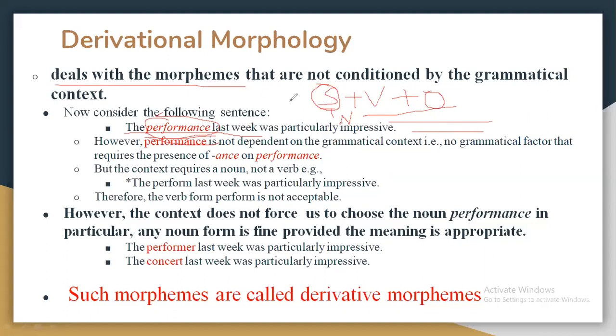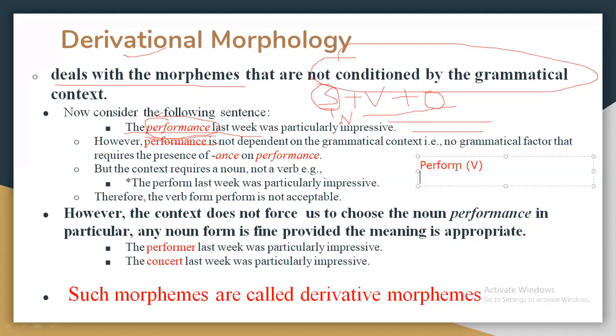So if we change the form of a word not because of grammar, then it is called not conditioned by grammar, or a derivational morphology. For example, you can see here, look at here, perform. But whatever we have written here is performance, it is a noun, you can see, right?